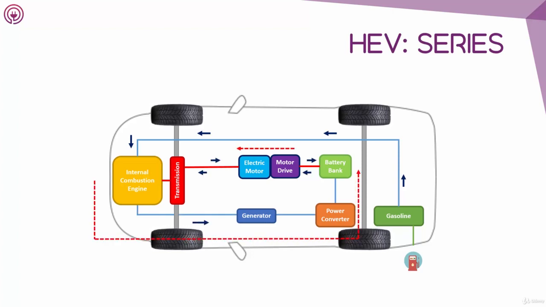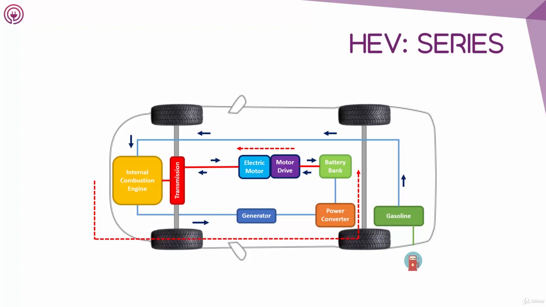This is a typical propulsion technique which has been used in trains for a long time. The electric engine is the main torque supply unit with a direct connection to the wheels. The advantage is that the IC engine can be operated at its most efficient point, generating the necessary current for driving the electric engine or motor or charging the battery.